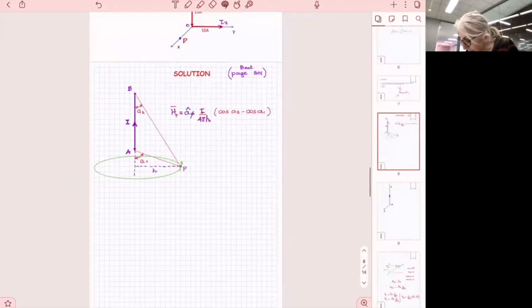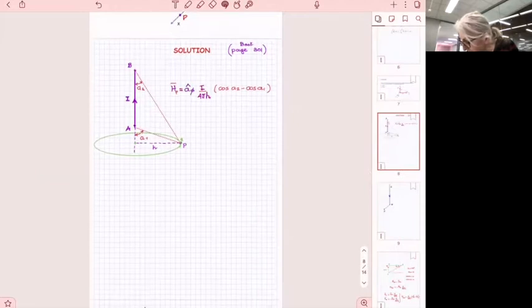Let's think of the case where I have a current that stops at B, but comes from infinity, comes like that.